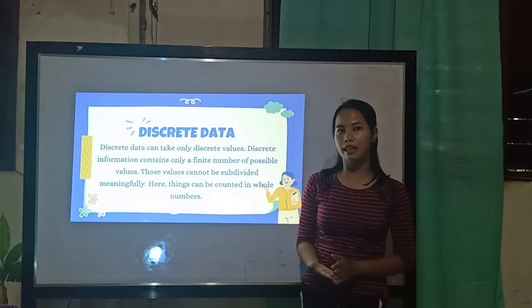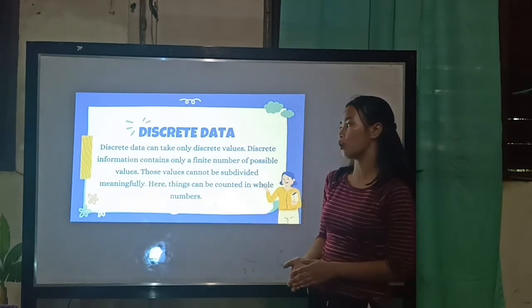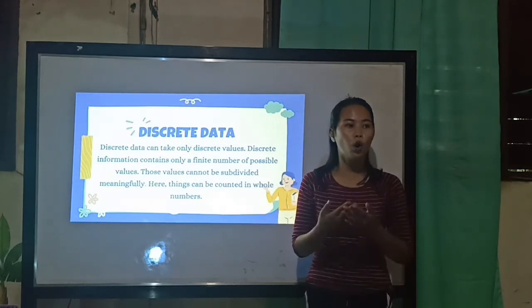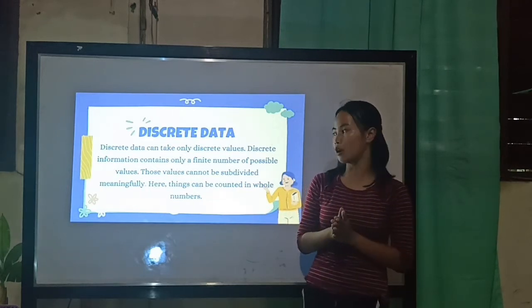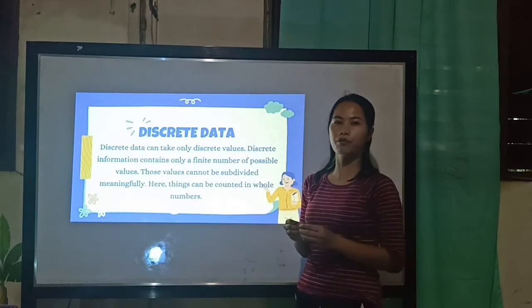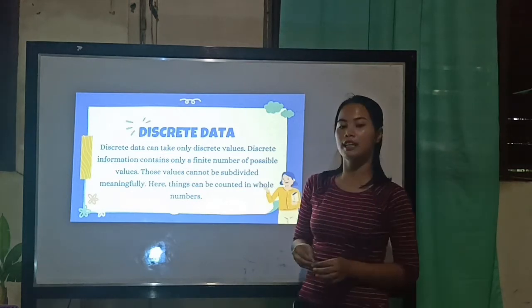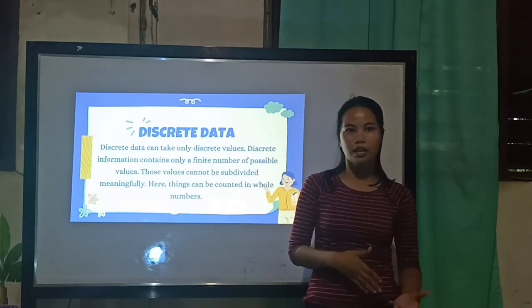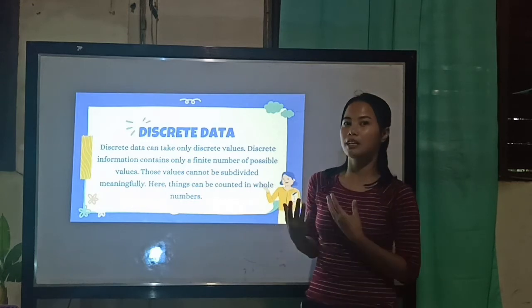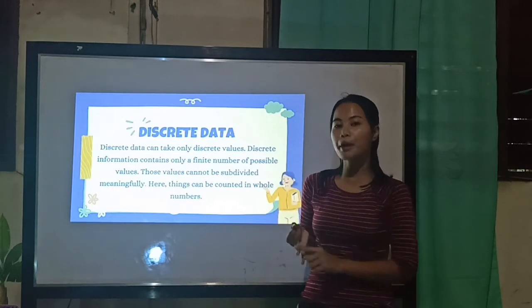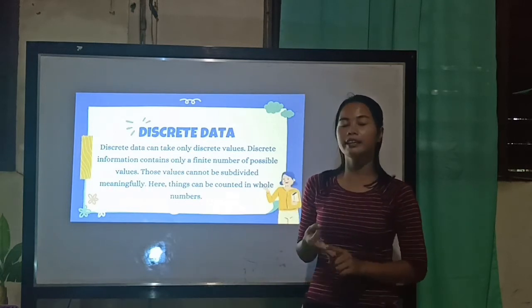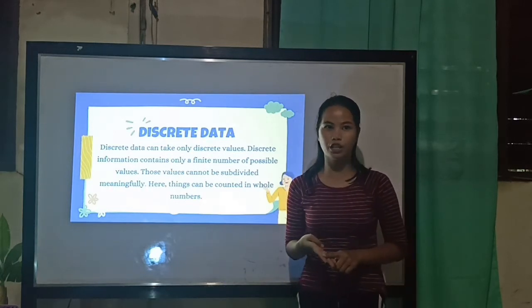So discrete data is a count that involves integers. Only a limited number of values is possible. This type of data cannot be subdivided into different parts. Discrete data includes discrete variables that are finite, numeric, countable, and non-negative integers.